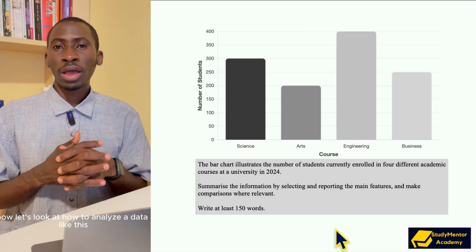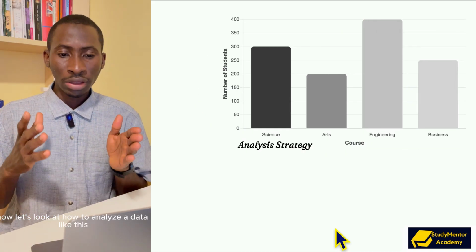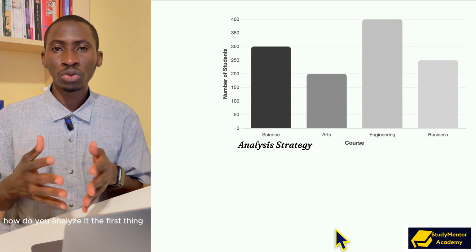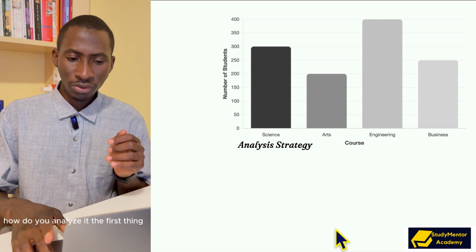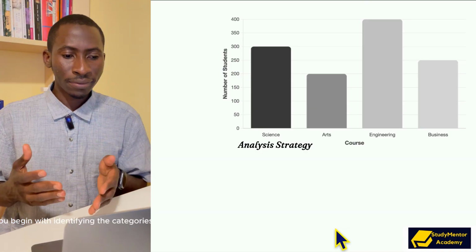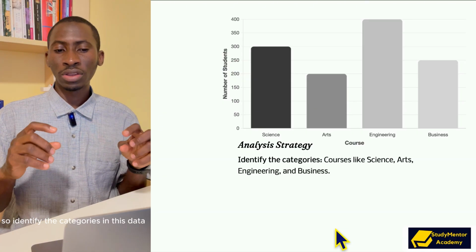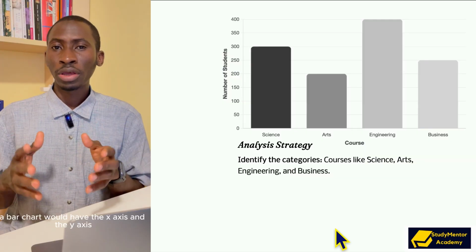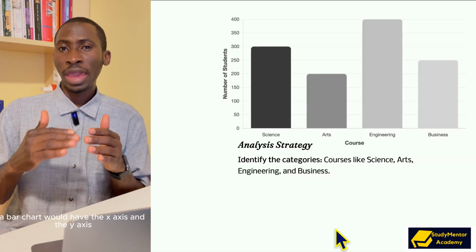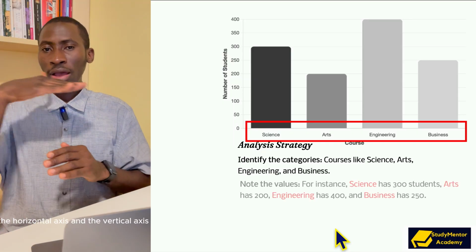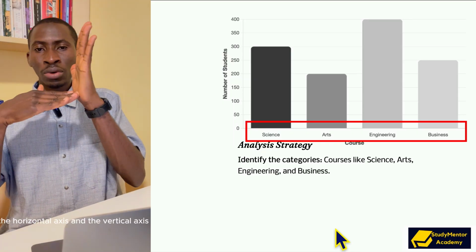Now let's look at how to analyze data like this. If you are given a sample data like this, how do you analyze it? The first thing, you begin with identifying the categories. So identify the categories in this data. And usually a bar chart would have the x-axis and the y-axis, the horizontal axis and the vertical axis.